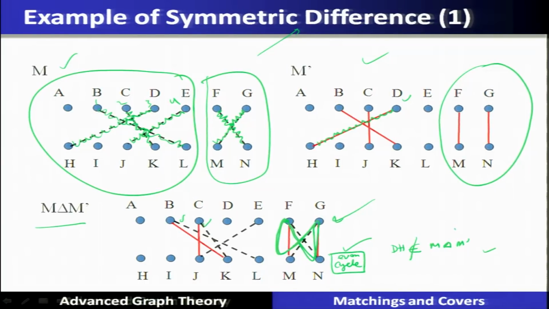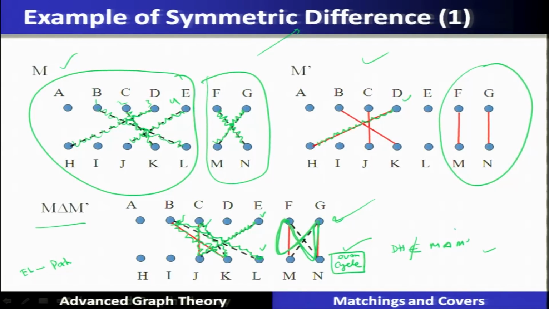The other component: if we start from this point and traverse the edges, finishing at this particular vertex, not repeating either the edges or the vertices, this becomes a path.